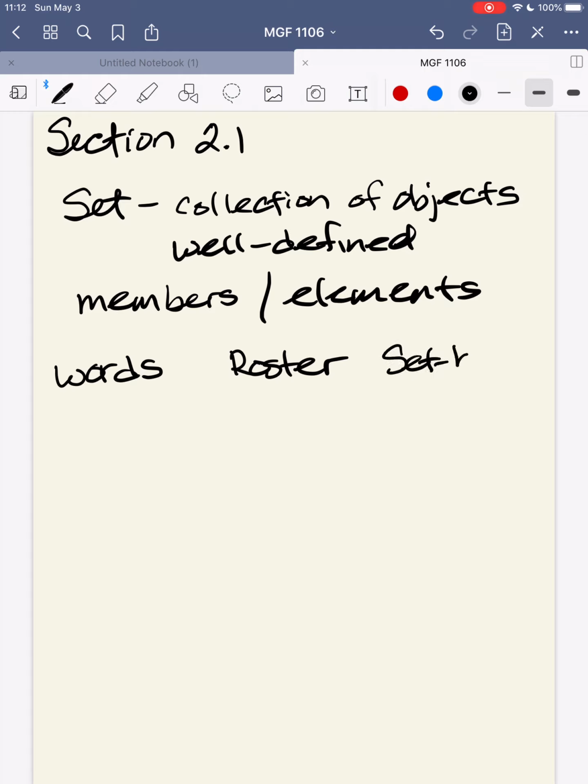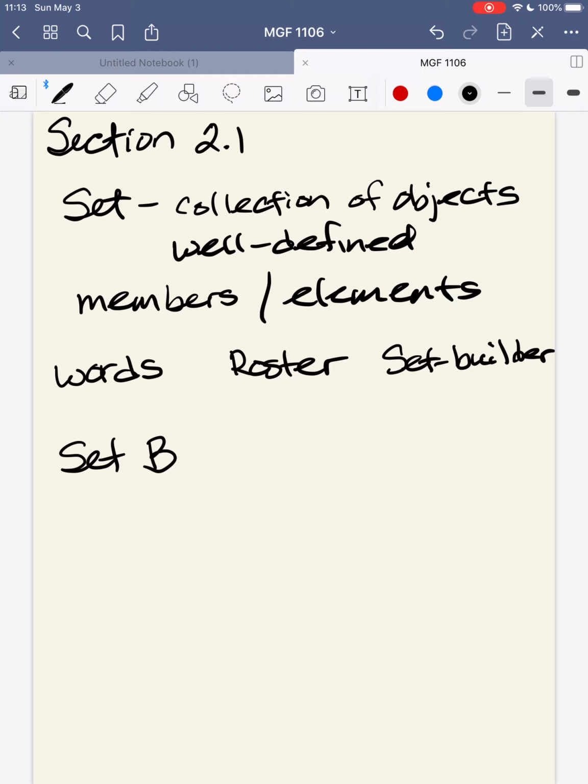You may have heard the term set builder if you took intermediate algebra or algebra 2, when talking about inequalities. We always use capital letters to describe a set. So if I have a set, I could call it capital B. B is the name of my set, and it's always a capital letter.